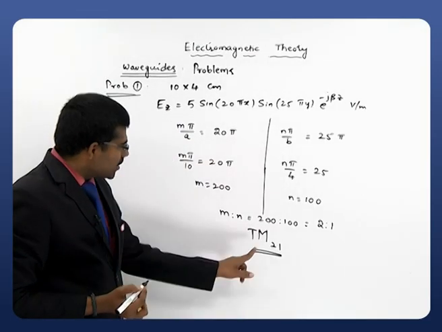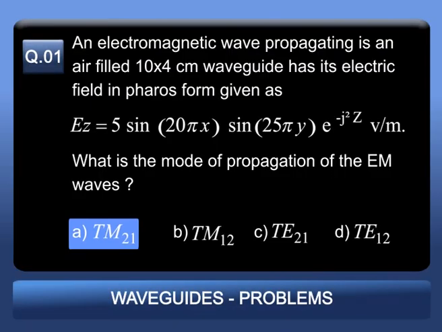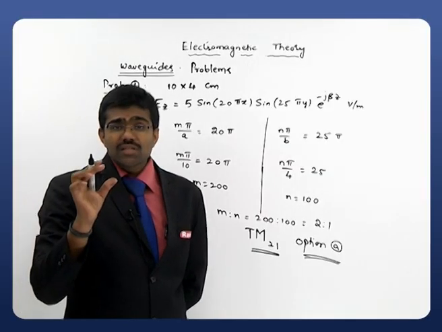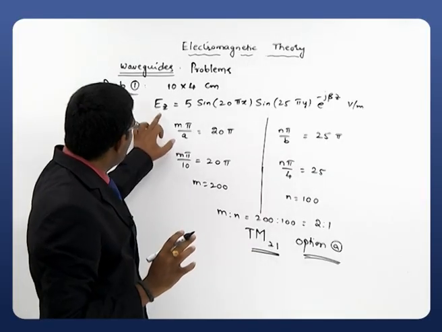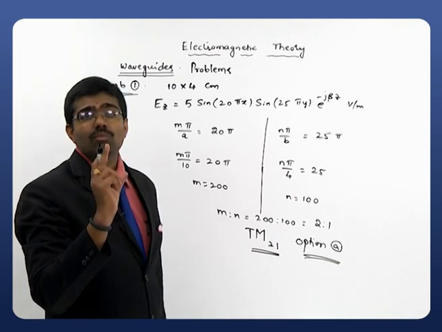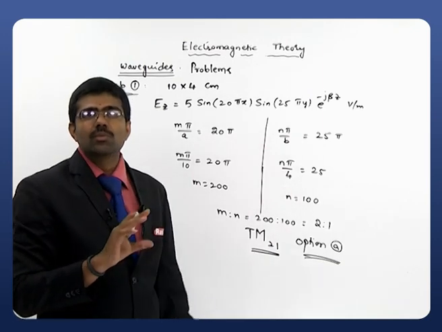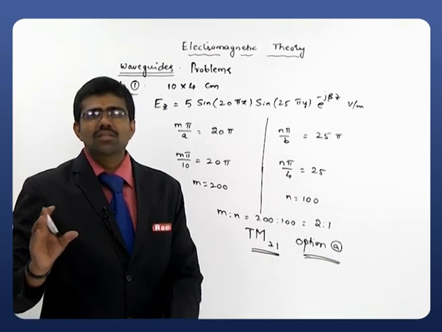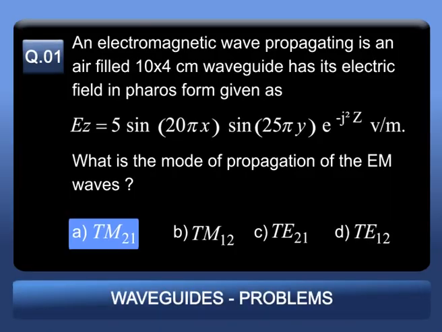So this option exists as option A. Option A is the correct answer. Once again, identify the type of wave given to us. As Ez exists, it is a TM wave, and the remaining analysis depends purely on the past discussion. This is the simple solution for this problem.